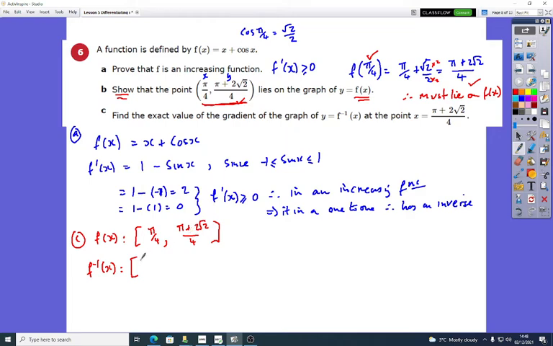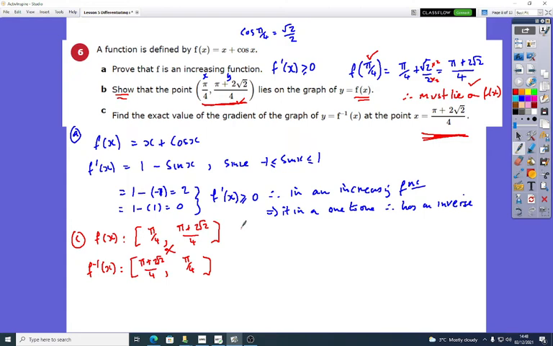So the range becomes the domain, and the domain here becomes the range for this. This is the reason why they chose this point. It makes life a lot easier if you understand their flip over.